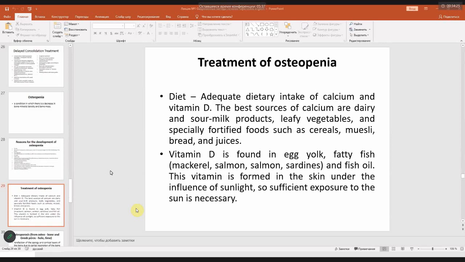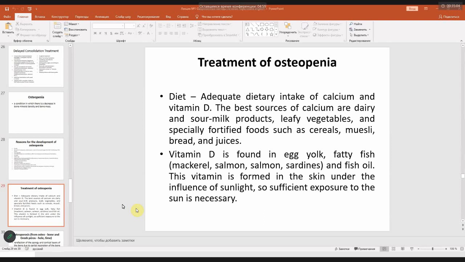Treatment of osteopenia. Diet. Adequate intake of calcium and vitamin D. The best sources of calcium are dairy and soy milk products, leafy vegetables, and especially fortified foods such as cereal, bread and juice.